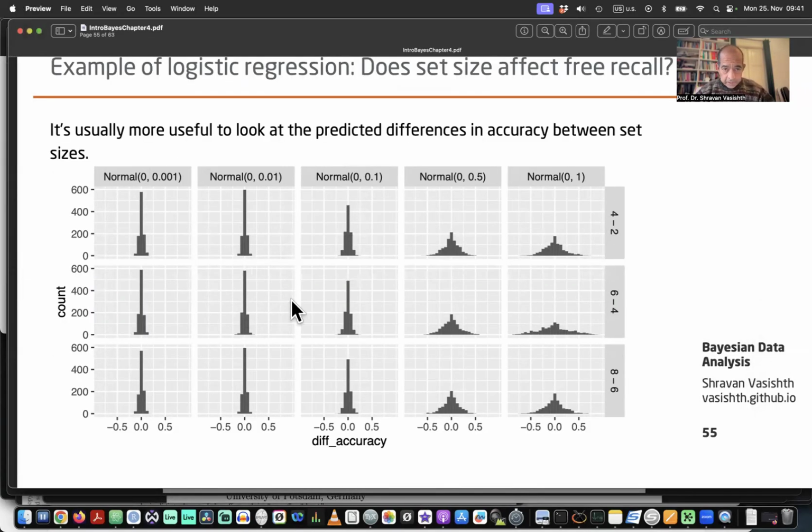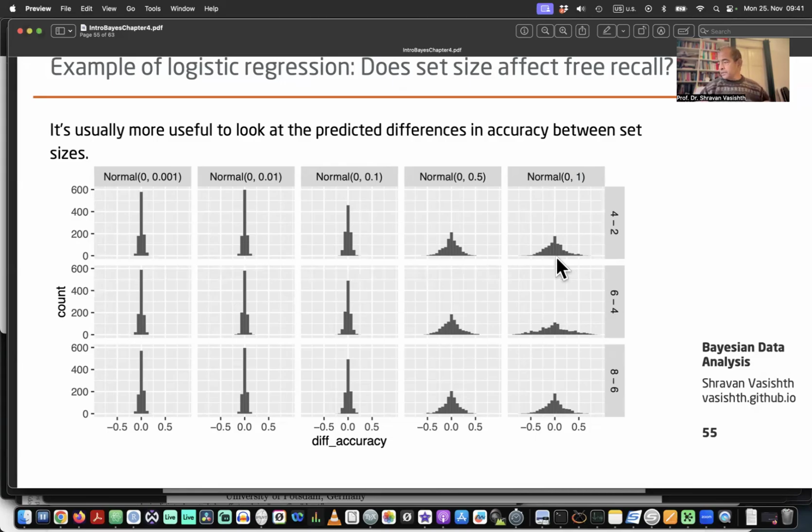So what we are looking at, for example, in this cell here, is that with a prior on beta being normal 0 1, the difference in accuracy between set size 4 and set size 2 is on average 0%, but it ranges from minus 0.5 to plus 0.5, right?